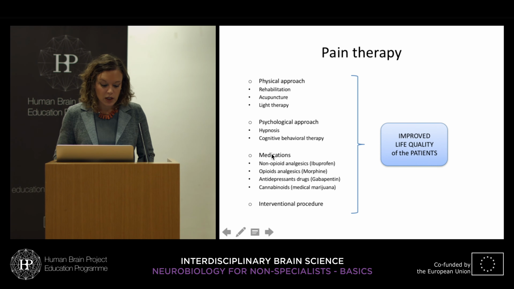Then pharmacological medication, for example opioid analgesics or non-opioid analgesics. Antidepressant drugs are also used today for pain therapy. And at the end, interventional procedures, so surgical procedures. All these different approaches are able to improve the quality of life of patients.